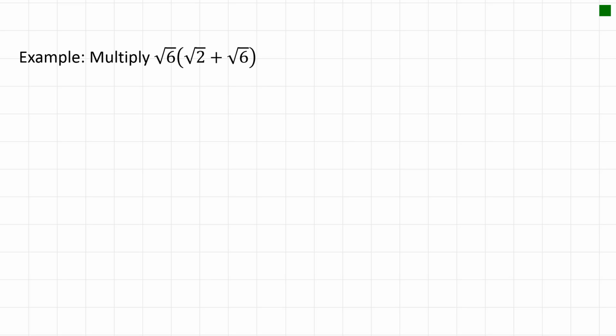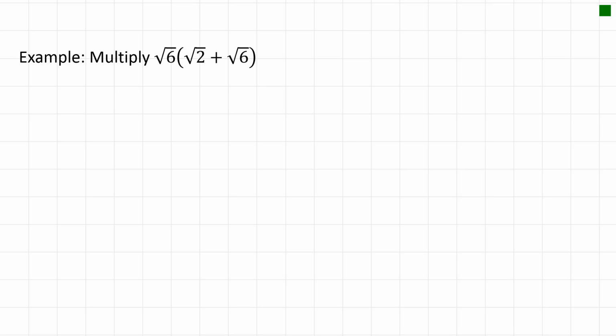Radicals are going to behave just like every other number we've ever worked with. And that's the beauty of math. If a rule applies to anything, then we can use it even though the numbers look a little bit different. So just like how we were multiplying a monomial by a polynomial, it's a very similar rule here, which is that we have the square root of 6 times the root of 2 plus the root of 6.